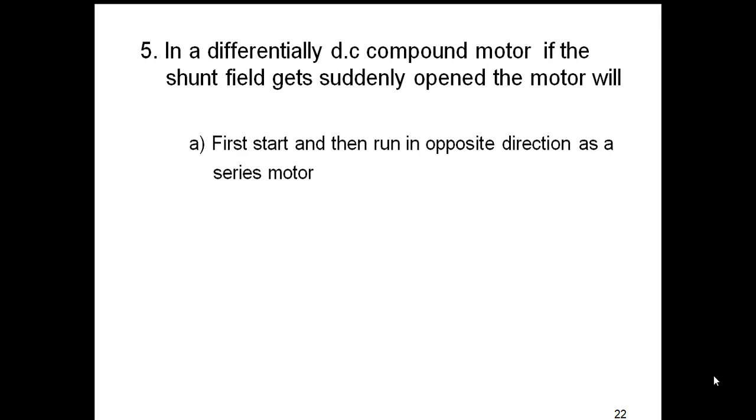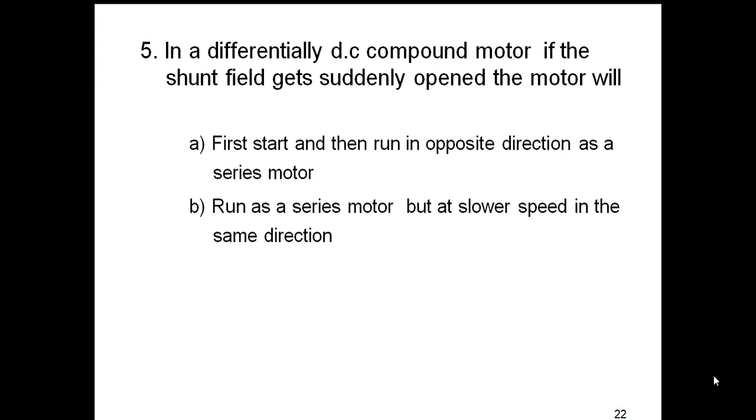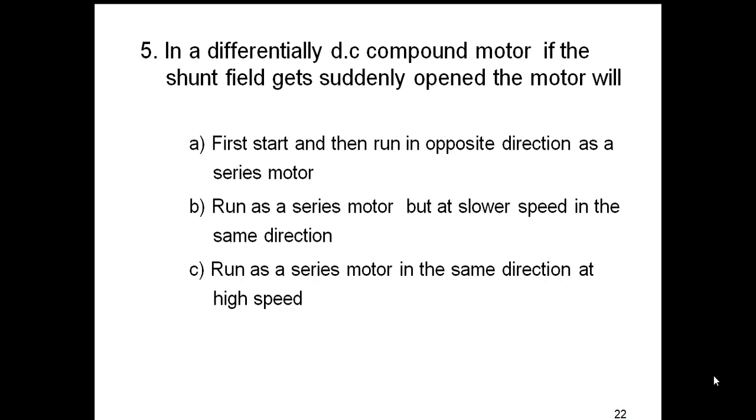Now let us see the last one. In a differential DC compound motor, if the shunt field gets suddenly opened, the motor will option A, first start and then run in opposite direction as a series motor. Option B, run as a series motor but at slower speed in same direction.